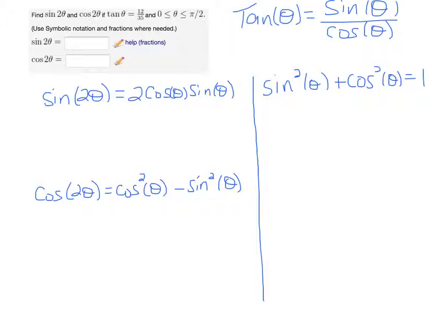So you might be wondering, why did I write sine squared theta plus cosine squared theta equals 1 when I already have the sine theta and cosine theta? Well, I do not have the sine theta and cosine theta.